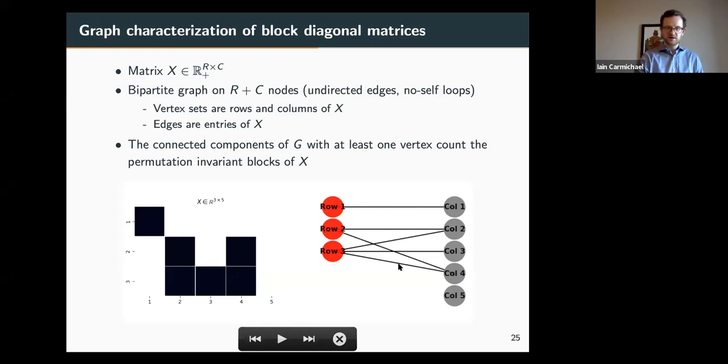This block over here is, of course, this connected component. And we have this column of zeros here, and that's going to correspond to this isolated vertex. So this matrix has 2 blocks up to permutations, and the graph on the right has 2 connected components that have at least 2 vertices. So we ignore isolated vertices.